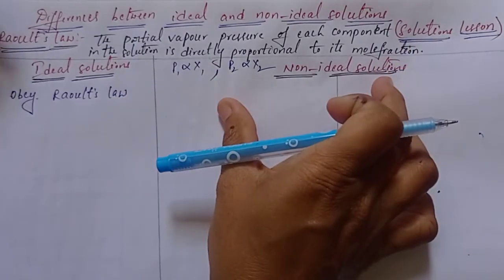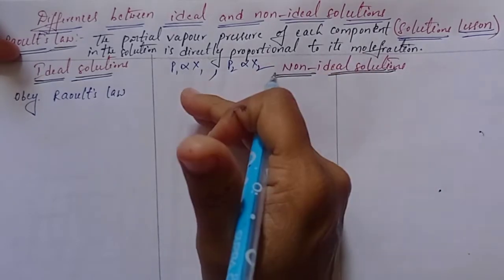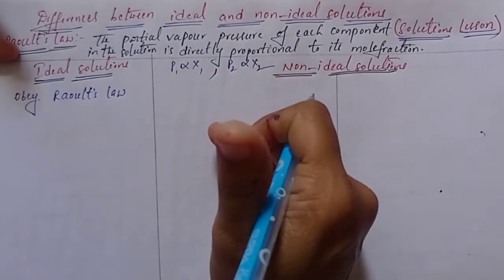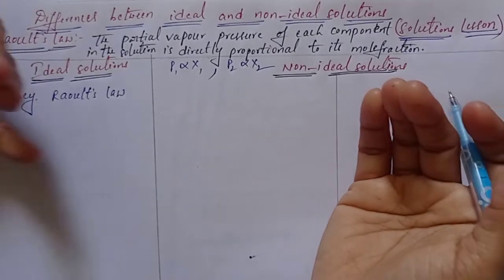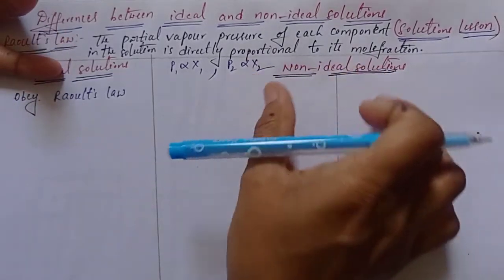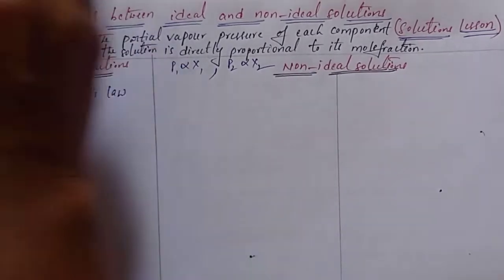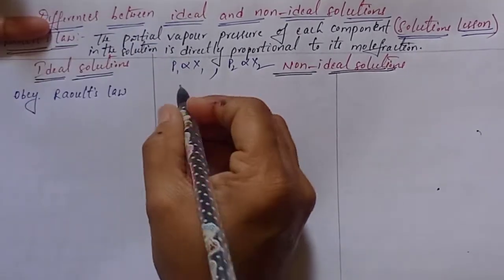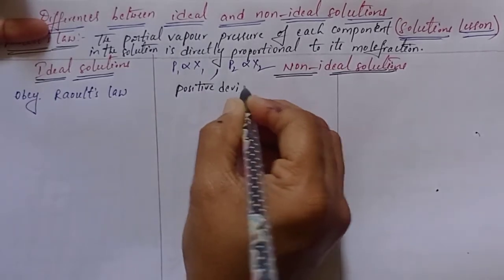What about non-ideal solutions? In non-ideal solutions, again two types of solutions are there, students. Some solutions show positive deviation from Raoult's law and some solutions show negative deviation from Raoult's law. So here again two types are there. What is the first type? Positive deviation from Raoult's law.